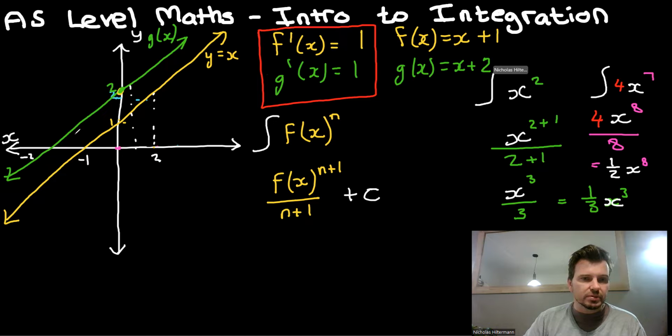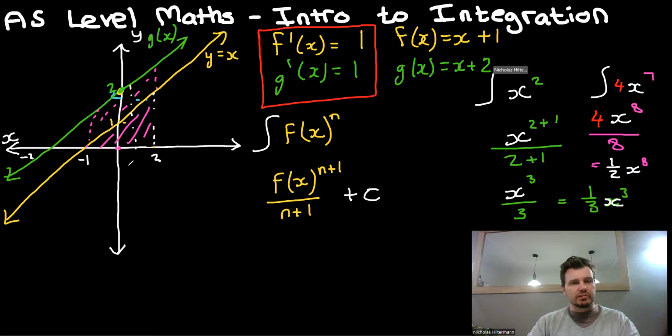These would be the same size triangles. Or if I went from -2 to 2 on the yellow graph, over here, it will be different to the area under the graph from -1 to 2 on the green graph.